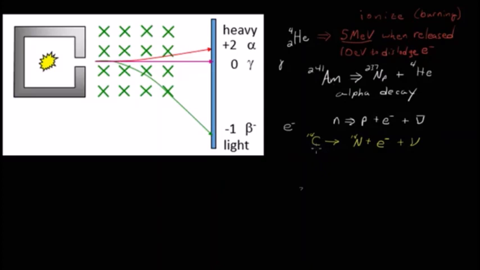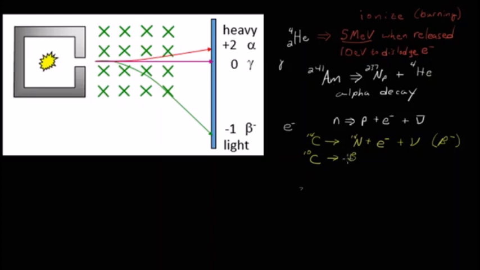There's also such a thing, this is negative decay. There's also such a thing as positive decay. Now look, 10, it doesn't like that. Carbon does not want to have just 10 nucleons.